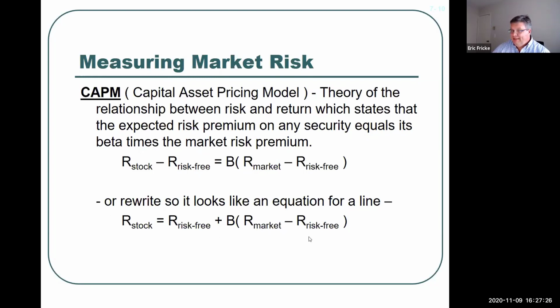So that right there, that is the CAPM model. And a little foreshadowing, basically what this means is that the CAPM model kind of gives us the expected return for a stock.